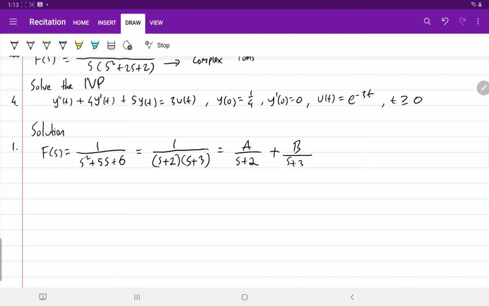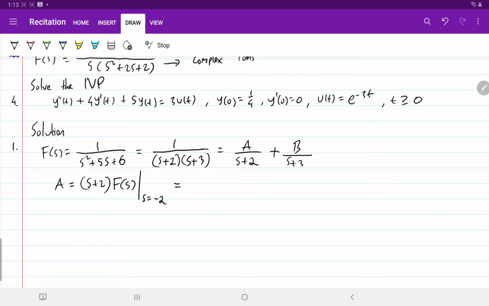There are many approaches, but the simplest one, if you have distinct real roots: for A, you can just multiply by s plus 2, because A corresponds to the pole s plus 2. So s plus 2 multiplied by F of s, and you substitute s with the root of s plus 2, which is negative 2.